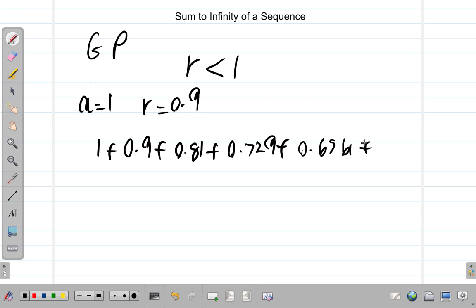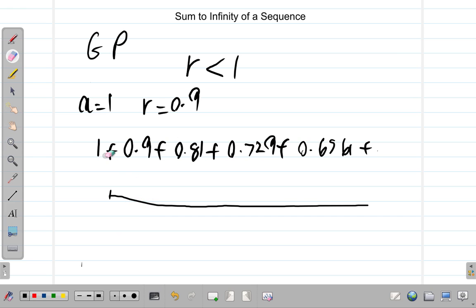You can imagine that you have, let's say, a length of string, 1 meter, and you cut the string so that you remove part of it and 0.9 is left.